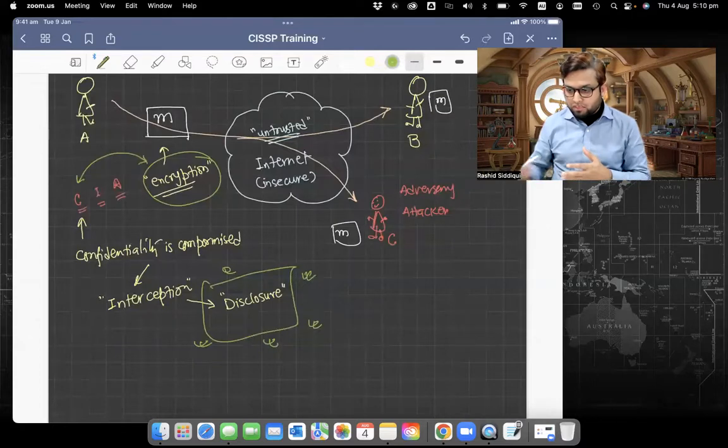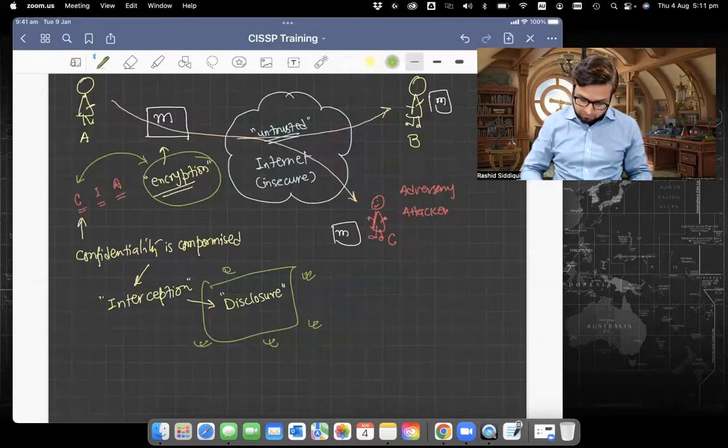We will see those examples coming up, but the primary objective of encryption is to uphold confidentiality of any message. This is what I have understood from CISSP study. So this is the setup which we will be discussing moving forward.